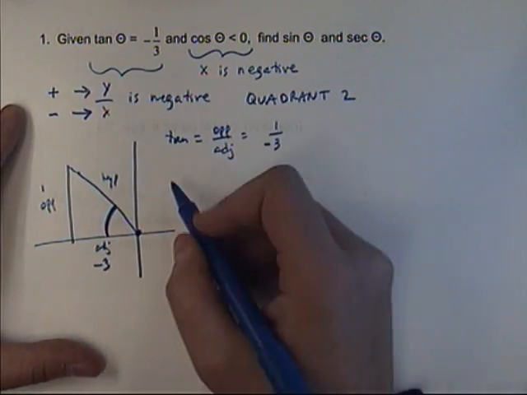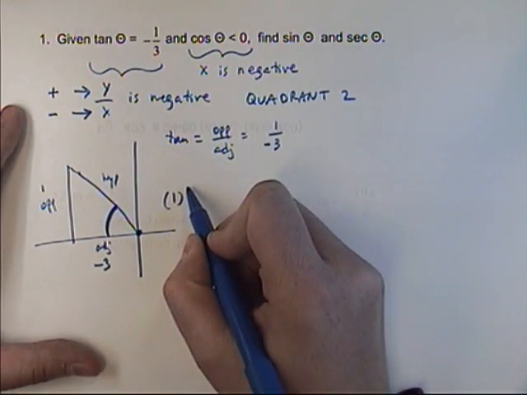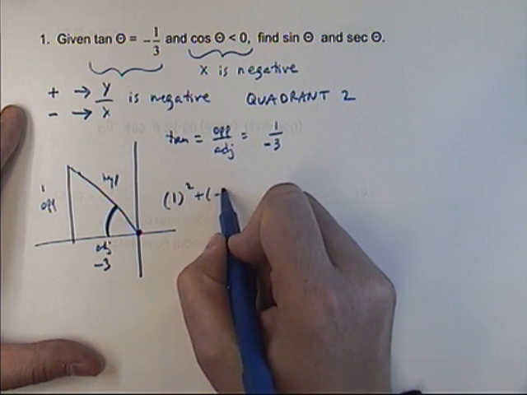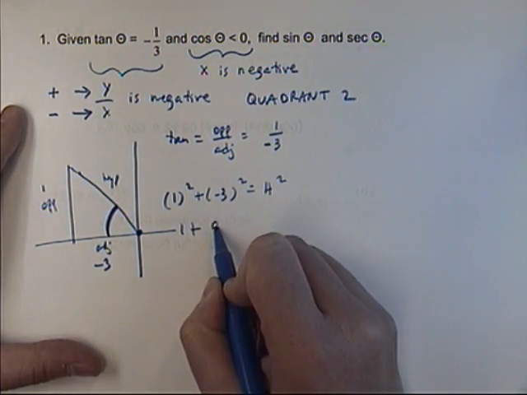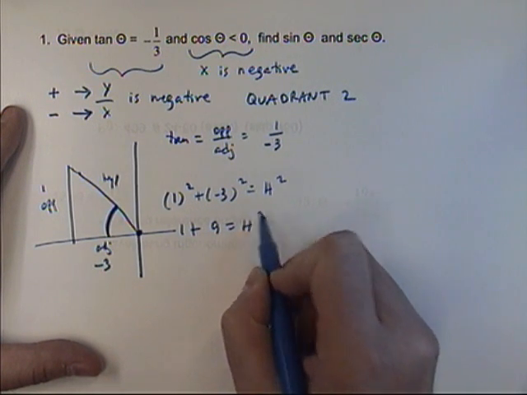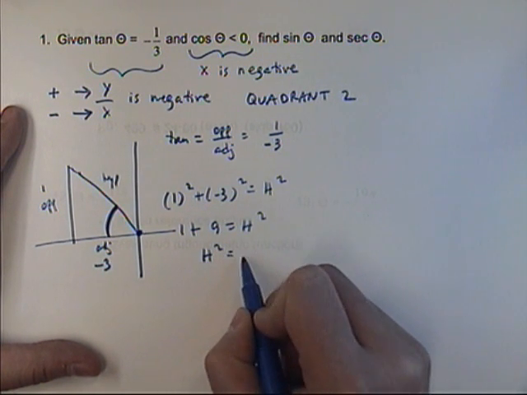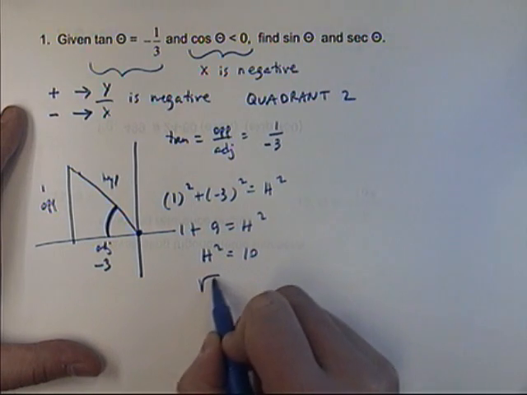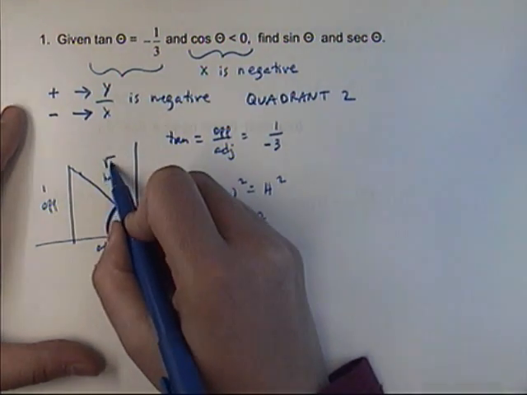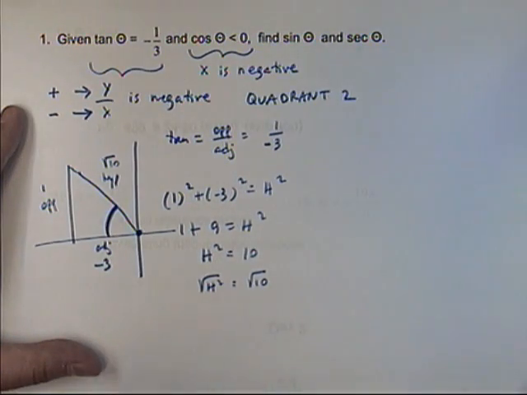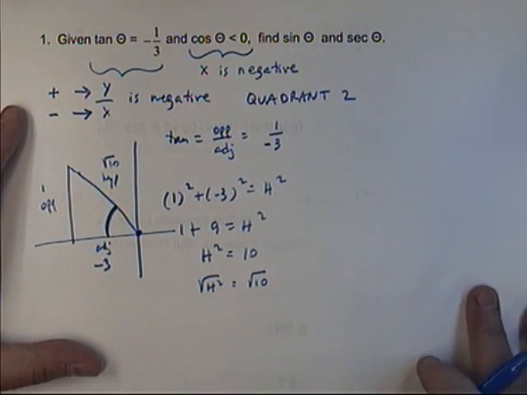So we'll use our Pythagorean formula to find that hypotenuse. And remember, your hypotenuses are always positive. So when I take the square root of both sides, it's positive root 10. Okay, now what's the question? They want us to find two things.